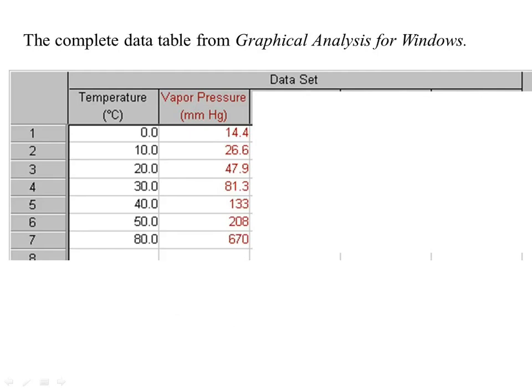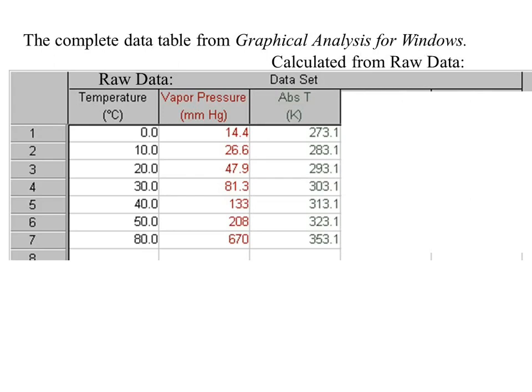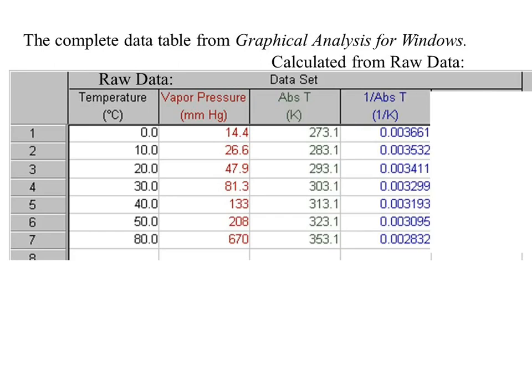So getting ready to manipulate those 7 points into something that we can plot for our Clausius Clapeyron plot. The raw data is temperature and vapor pressure. Temperature's in Celsius degrees. So let's fix the temperature first. We can have Logger Pro add 273.15 to get it to Kelvin. Then we can have Logger Pro take 1 divided by that new column.